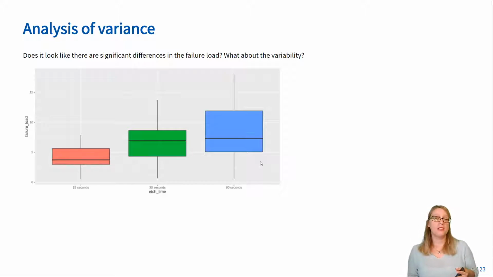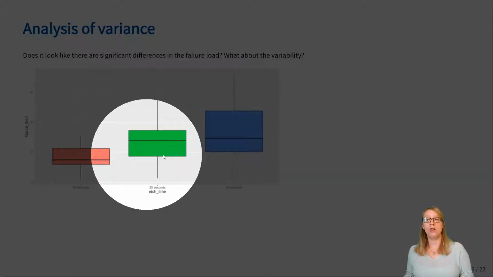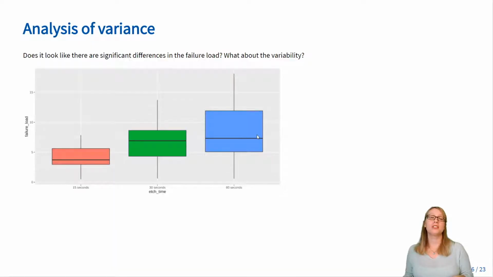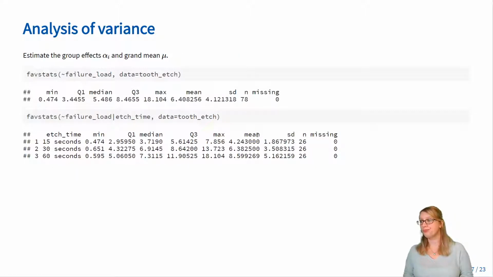There may be some differences in variability here as well. If we take a look at the size of the box in these box plots, in other words, the range of the middle 50% of the data, the 15-second group looks to be the least variable. The 60-second group looks to be the most variable. So we may have some problems with that equal variance assumption.